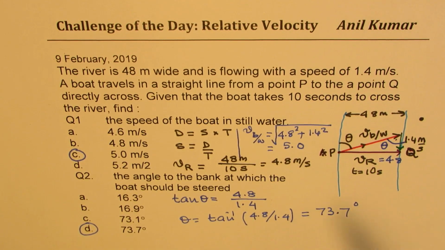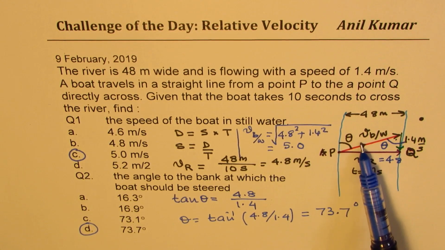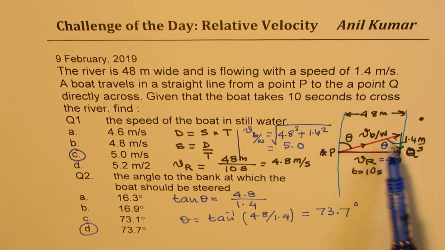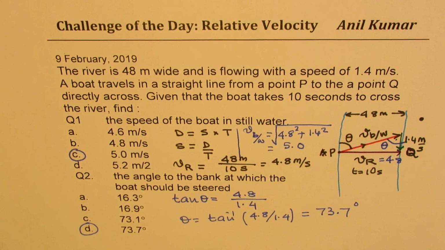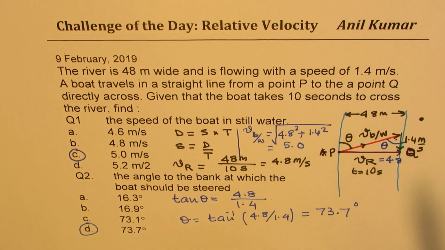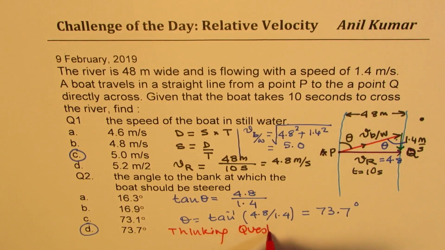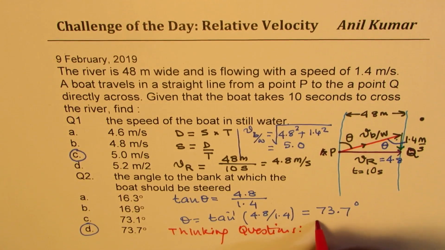You could have also found it using sine or cosine if you consider that side, the hypotenuse. Either way, I hope you get the concept. That is how we will find the solution to this relative velocity. I will also provide you with a link on relative velocity where we'll have some very interesting thinking questions which will involve cosine law and sine law.